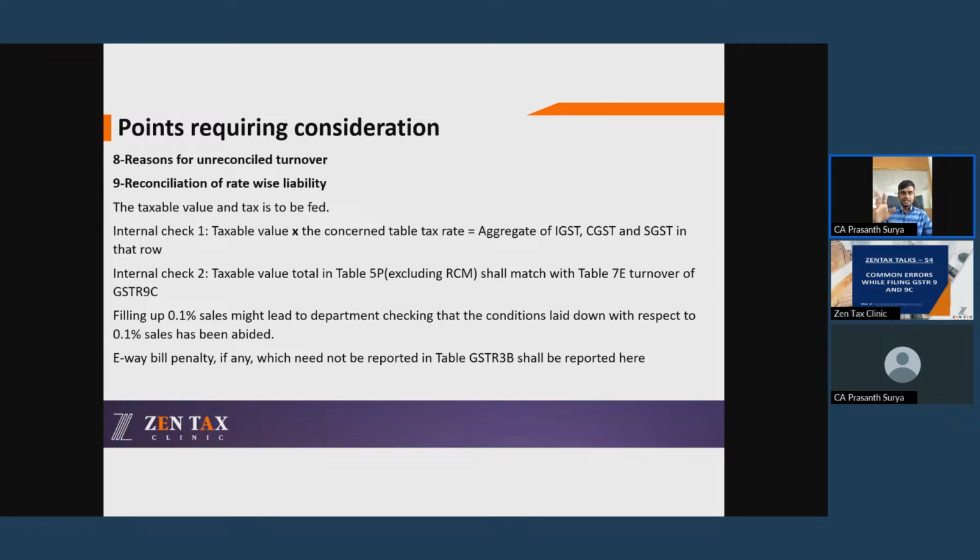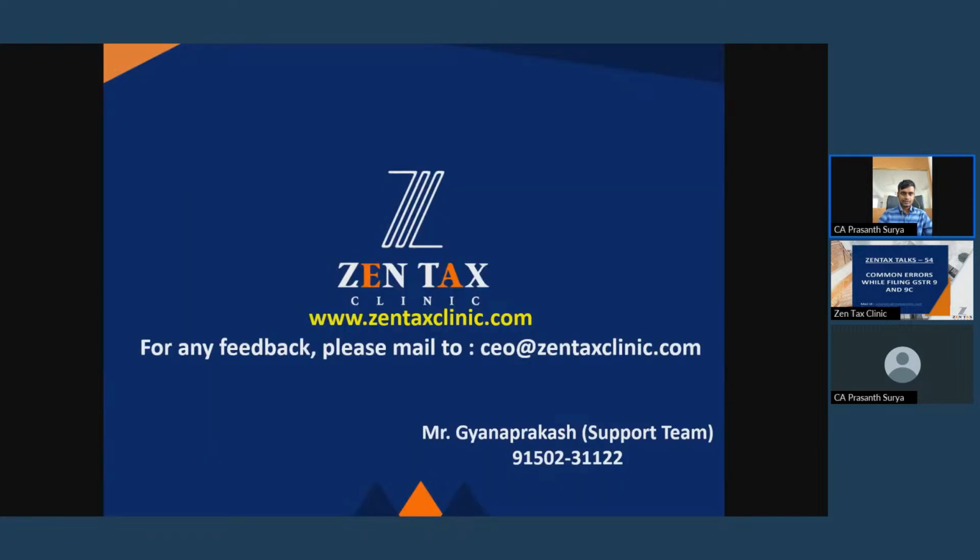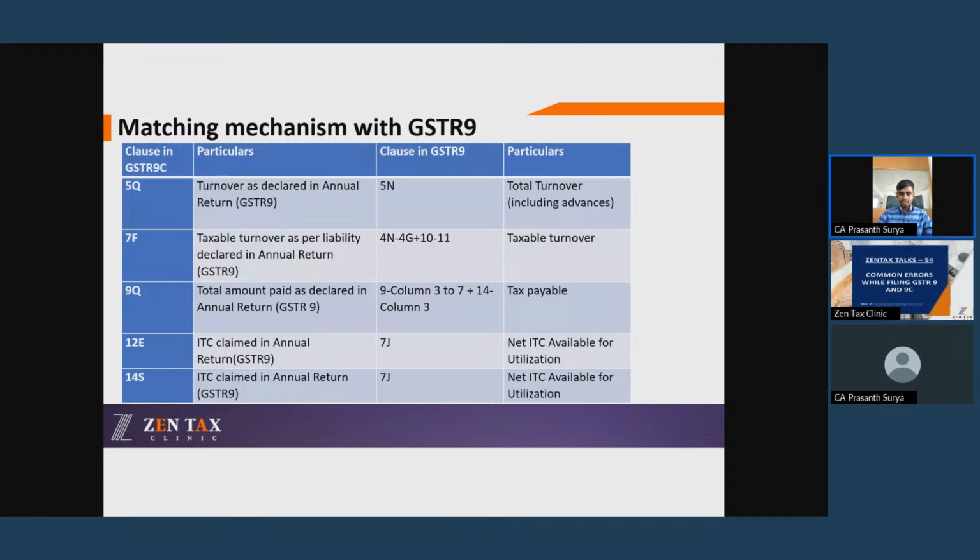If you give 9 lakhs here, the portal will not allow you to file. So only if you match the figures in GSTR9, the portal will allow you to file. I have given the matching mechanism with GSTR9. Of course, this is the basic thing, because without this you cannot file in the first place.